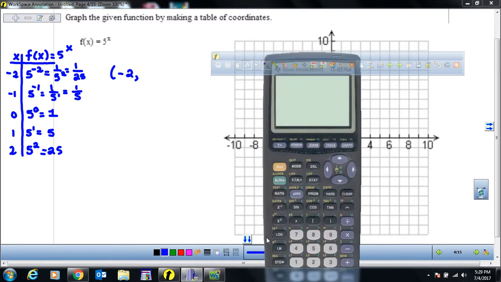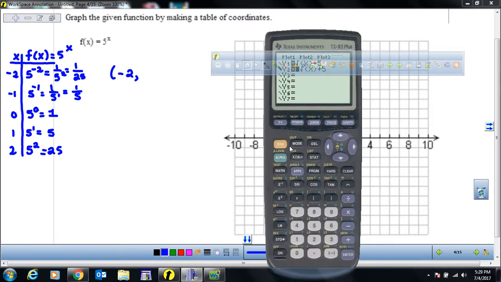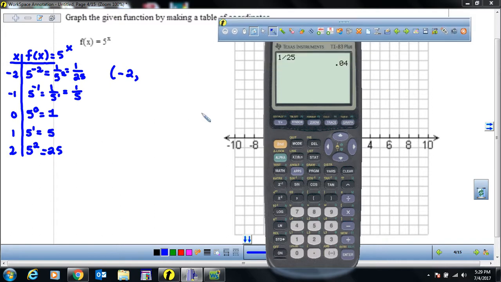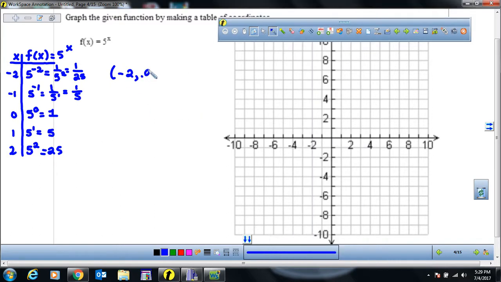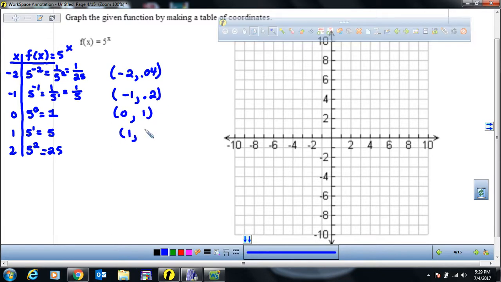You know that 1/25 is a number relatively close to 0, so 1/25 will be 0.04. Basically, that's an estimate. The next one is -1, and 1/5 is 0.2. The next one is 0, 1. The next one is 1, 5. And the next one is 2, 25.